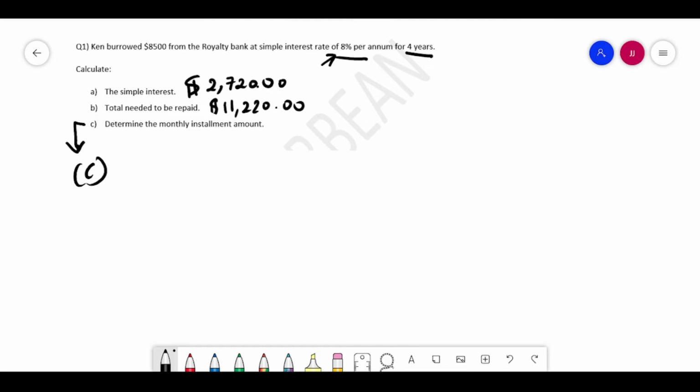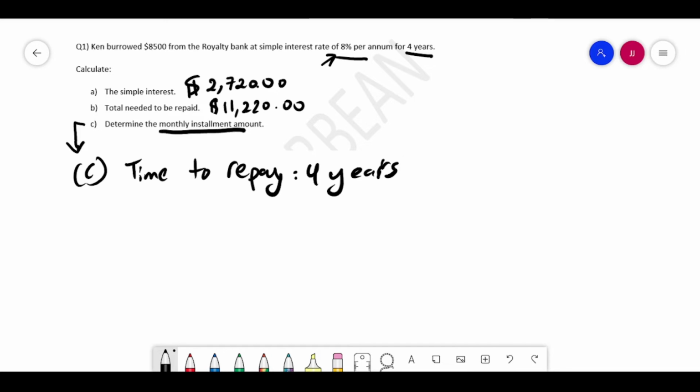So what this question is basically asking is, how much would I have to repay each month based on my total amount needed to be repaid? We know the time to repay is 4 years. However, they asked for monthly installment.